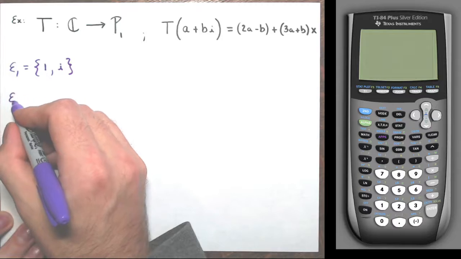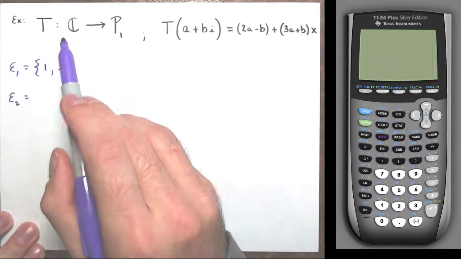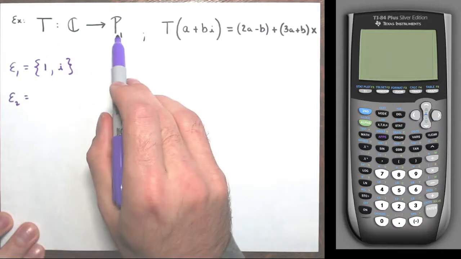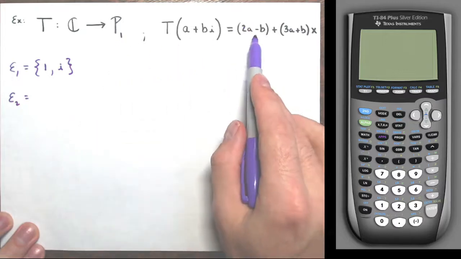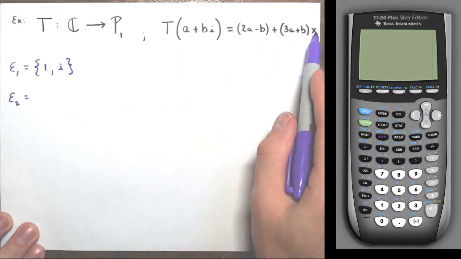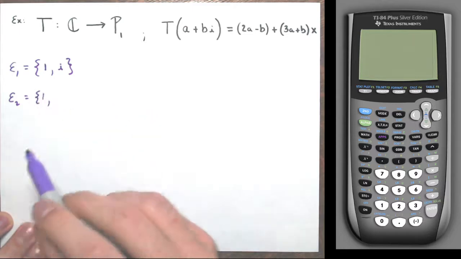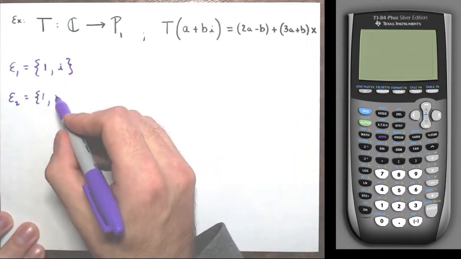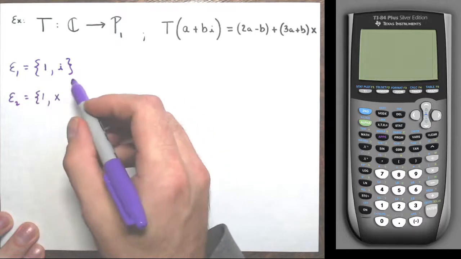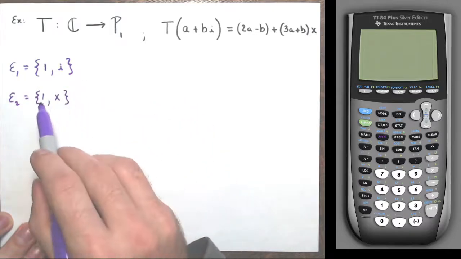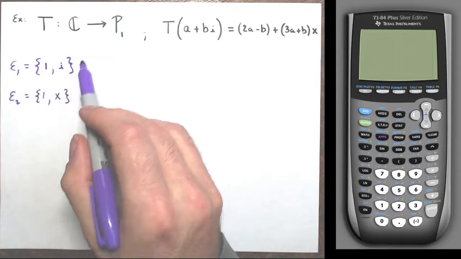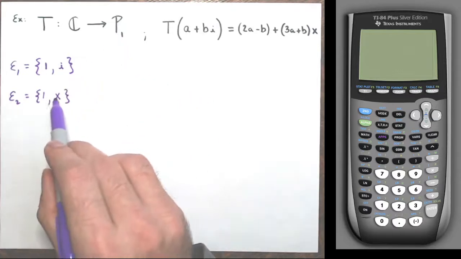And I'll call E2 the standard basis for P1. It's pretty similar. Remember, every polynomial of degree 1 or less can be written as a number times 1, again some constant, plus a number times the variable x or t or whatever the variable is. I usually use x. So 1 and x, right? Every polynomial of degree 1 or less is a linear combination of these two, and these two are independent.